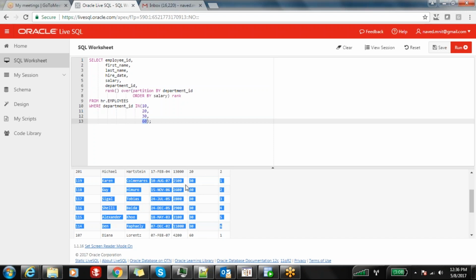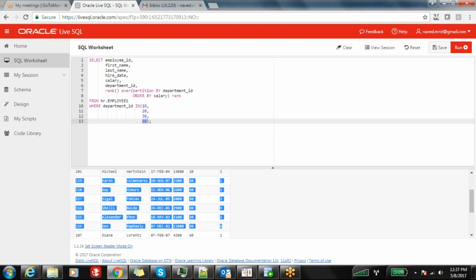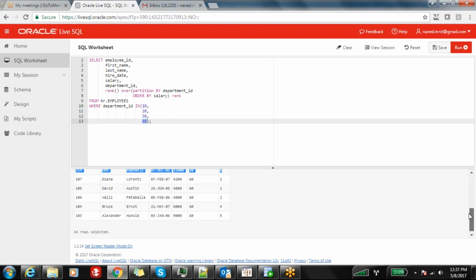As we have already sorted these, the rank is assigned incrementally. The lowest salary will get the first rank, and the highest salary will get the last rank, in this particular department. This is quite easy to understand.